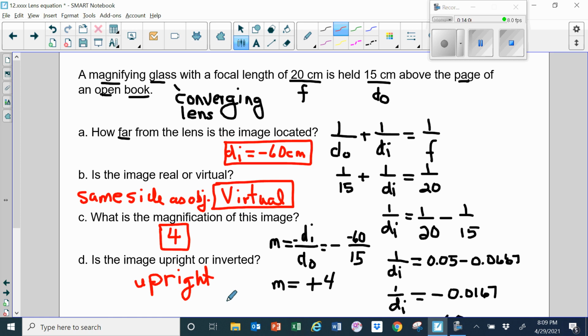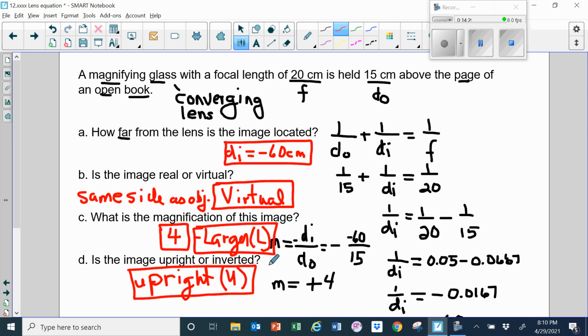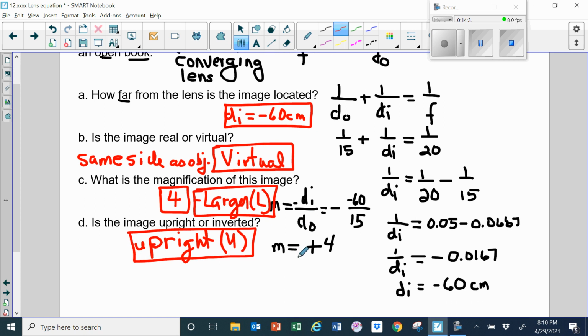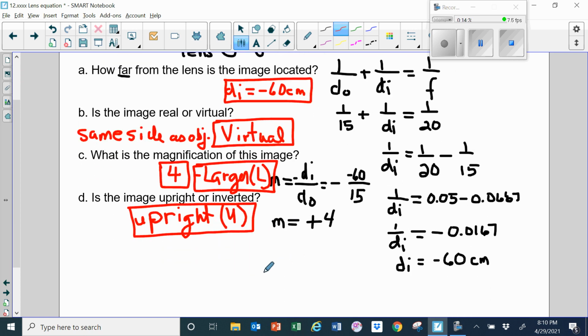Upright is U. And the 4 means the image is larger, L. So if I had to summarize what this image is at the end of the day, I would say this image is LUV: larger, upright, and virtual.